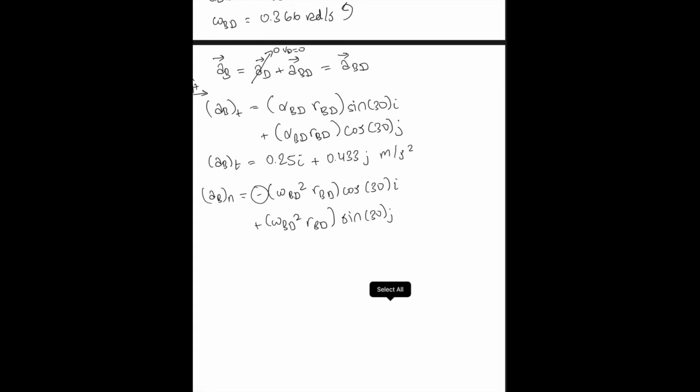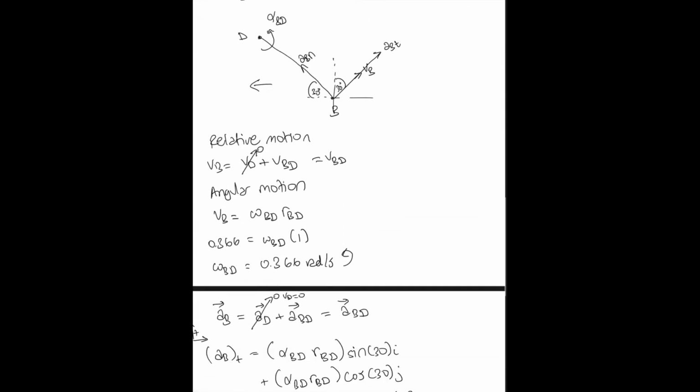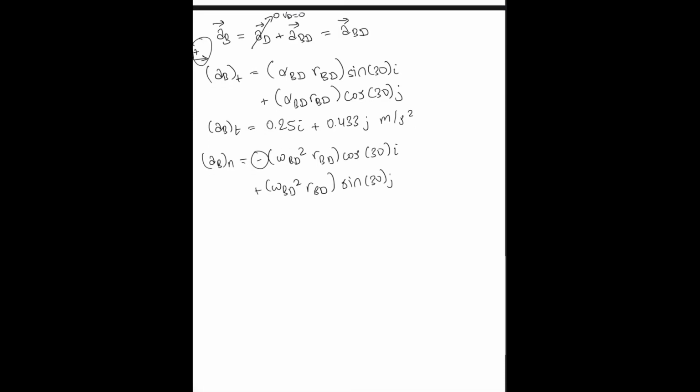And this is negative because it's going to the left, and our positive y and x are oriented over here. Since we again know all of the values, we can plug them into our equation to get minus 0.12 I plus 0.07 j meters per second squared.